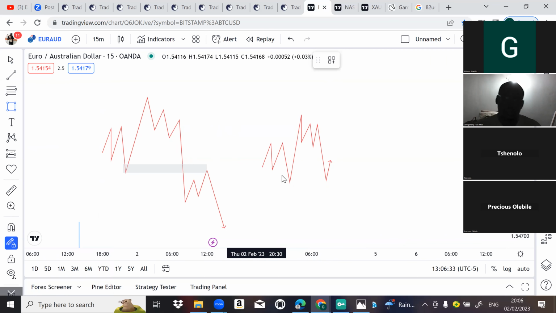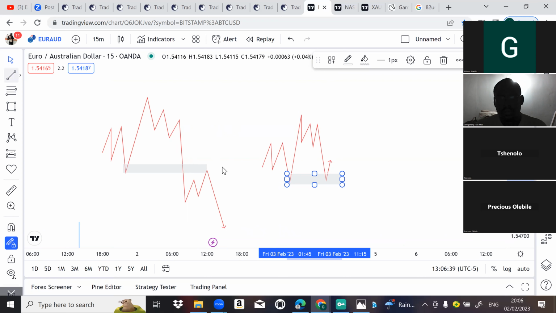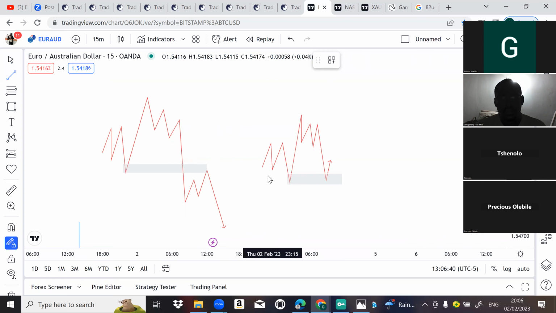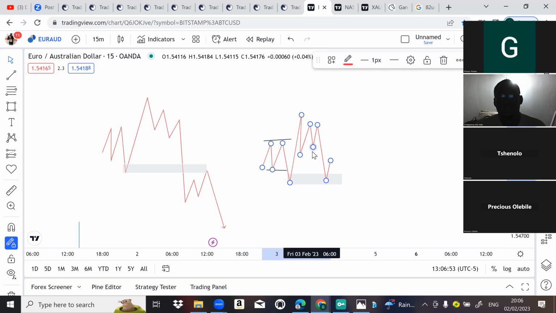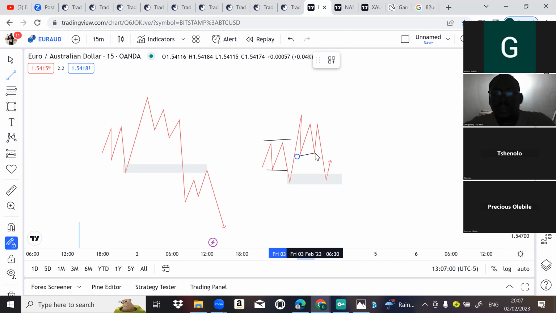So we have this order block. Then we have SH. Then we have SH here. Then we have break of market structure. And then confluence. We have everything. So when we buy at this order block, our take profit is supposed to be this high.